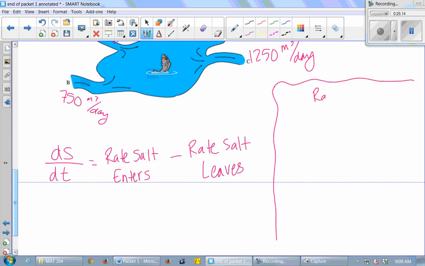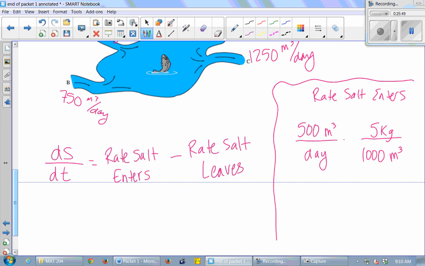Okay, so the rate salt enters: the water is entering at 500 cubic meters per day, and the concentration of the salt is 5 kilograms per 1,000 cubic meters. So you see the cubic meters are going to cancel, and we're going to get kilograms per day, which is the rate at which salt is coming into the pond.